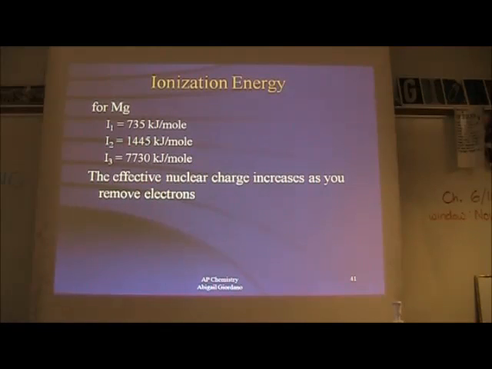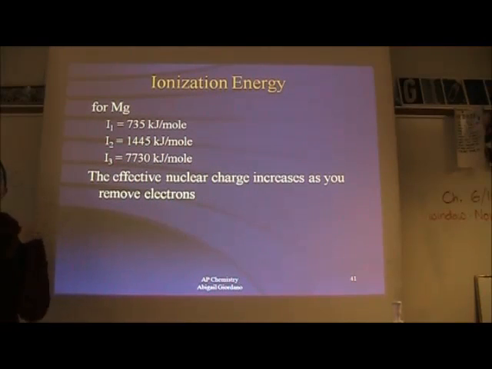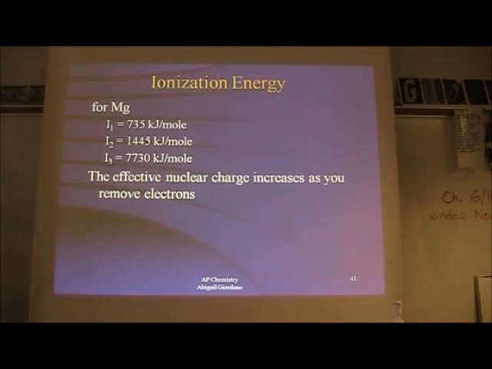Answer done. Do you want me to say it again? Okay. It takes more energy to remove a core electron from a full energy level than to remove a valence electron.